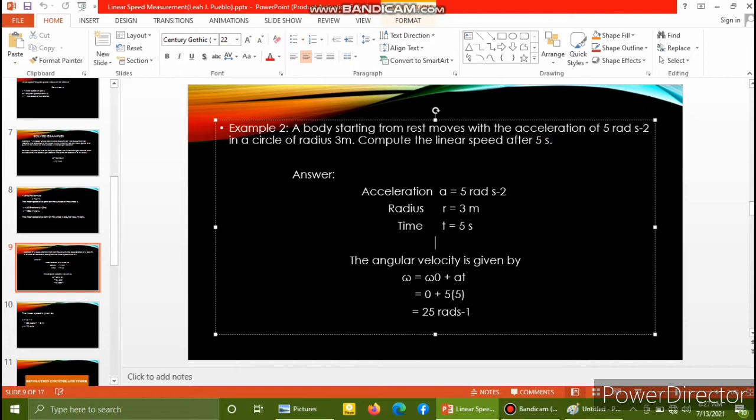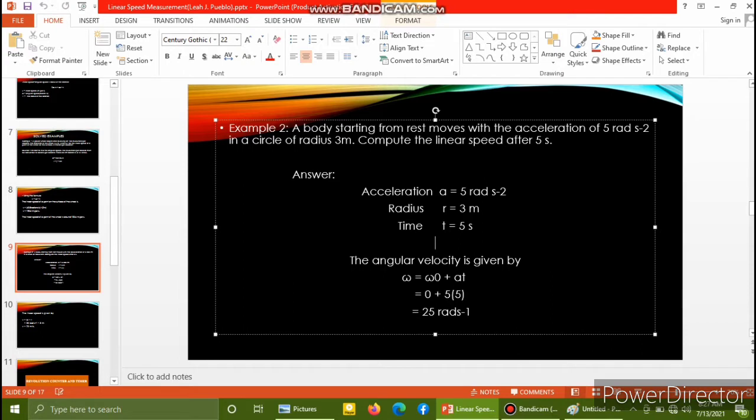So, to get first the angular speed, we compute it like this: the initial angular speed times 0 plus acceleration times the time.